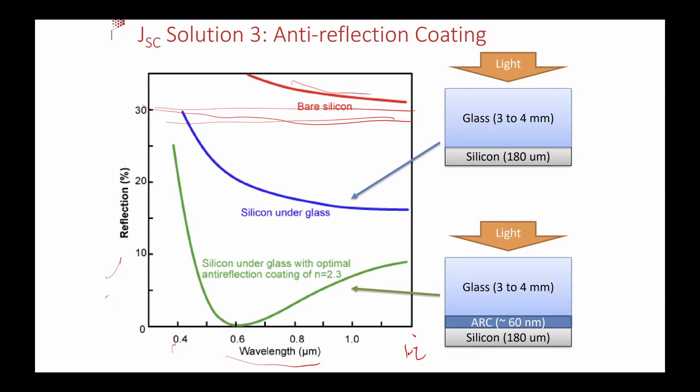Another thing is that over the silicon solar cell there is a toughened glass to protect it from the outer environment, such as a hailstorm. Silicon is brittle, so if you throw a small stone over it, it will break. So there is a very thick glass over it, about 3 to 4 mm.